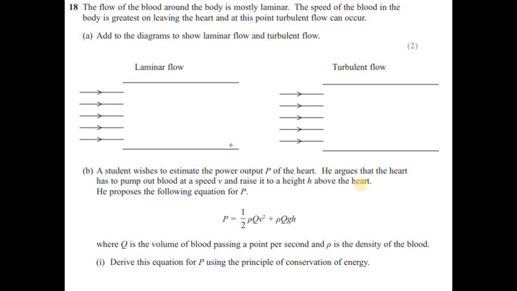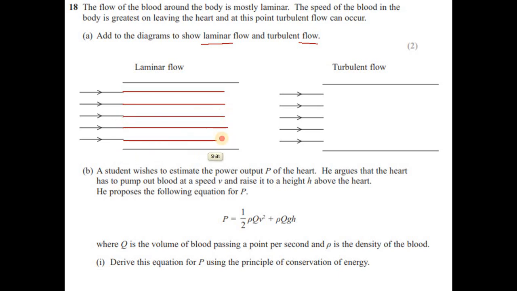A most typical question, drawing laminar and turbulent flow. Laminar is the flow in which the streamlines or the layers remain parallel. So you just continue with the help of the ruler. You continue and you can say this is the laminar flow, something like this, and if you wish you can add arrows, that is fine.